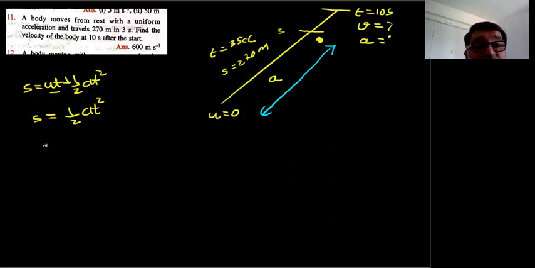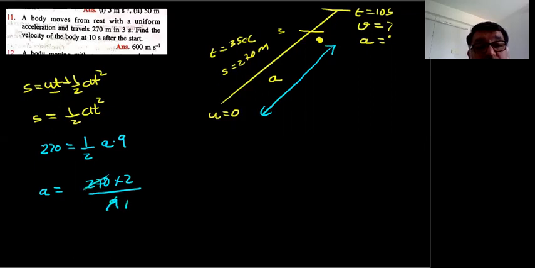So displacement is 270. So 270 equals 1 upon 2 multiplied by acceleration, and the time is 3 seconds. So 3 square will be equal to 9. So acceleration from here equals 270 multiplied by 2 divided by 9. 9 ones are 9, and 9 30s are 3 twos are 6.